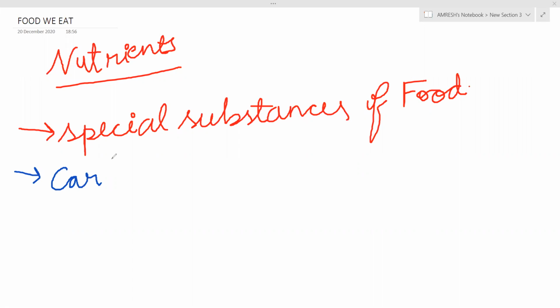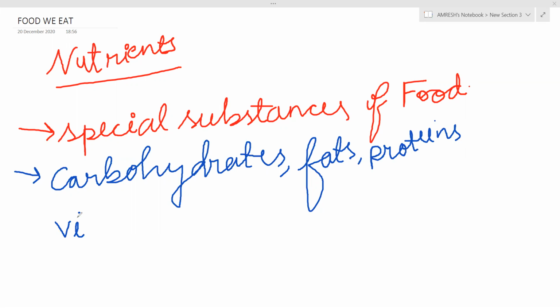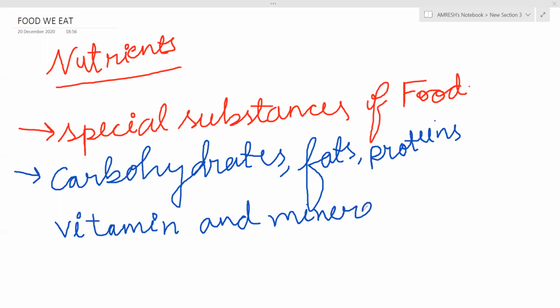It includes carbohydrates, fats, proteins, vitamins, and minerals. So now we will discuss them one by one.